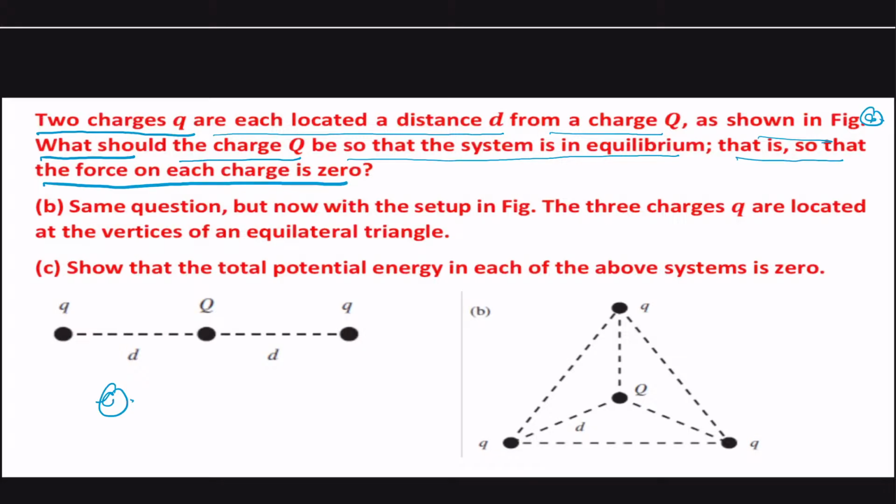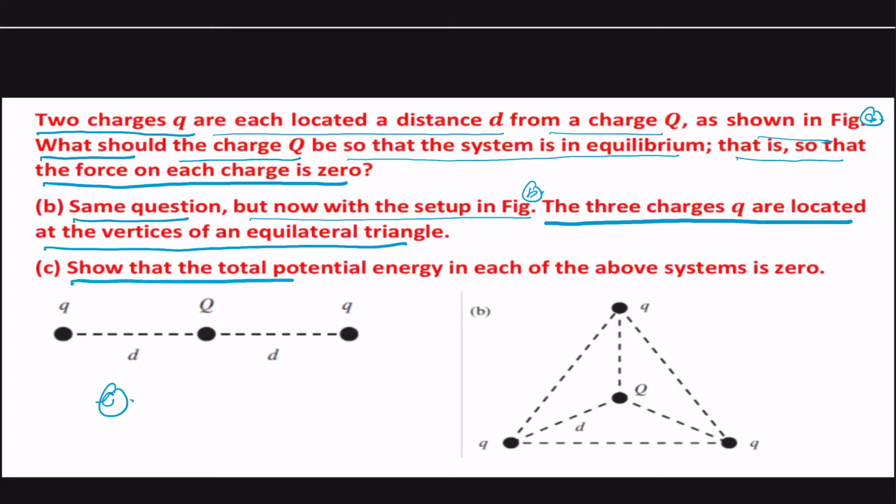And part B, same question, but now the setup is in figure B. The three charges q are now located at the vertices of an equilateral triangle. And part C, show that the total potential energy in each of the above systems is equal to 0. Okay, so this is the basic question in part A as well as part B.